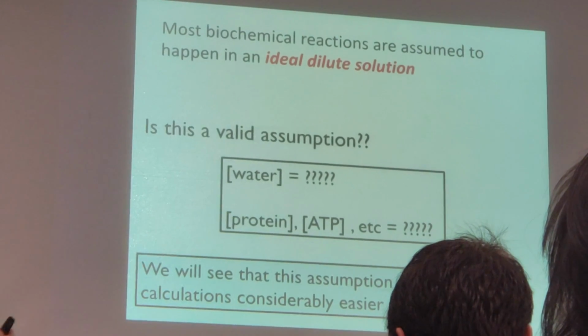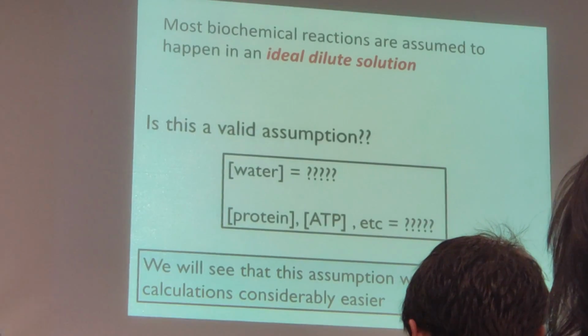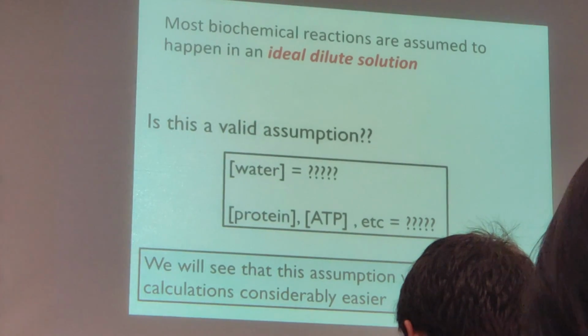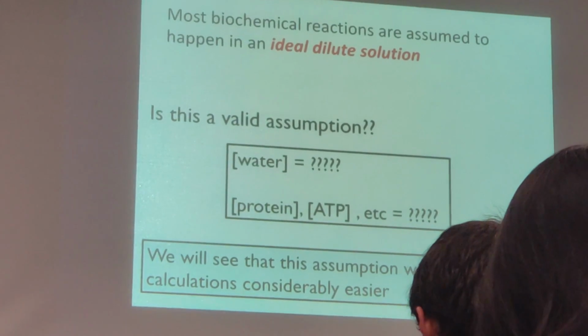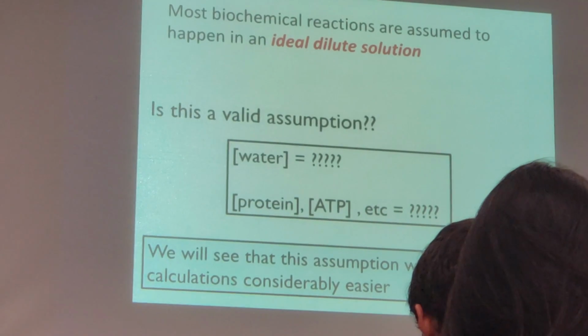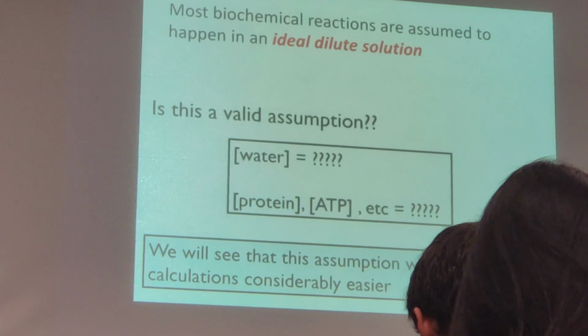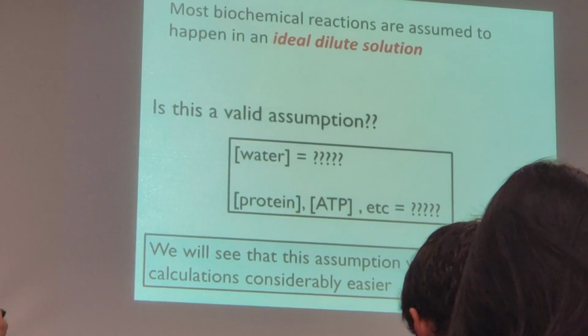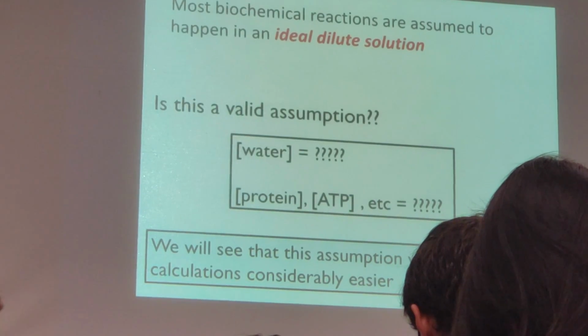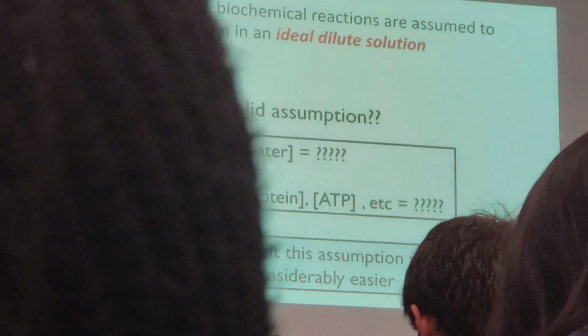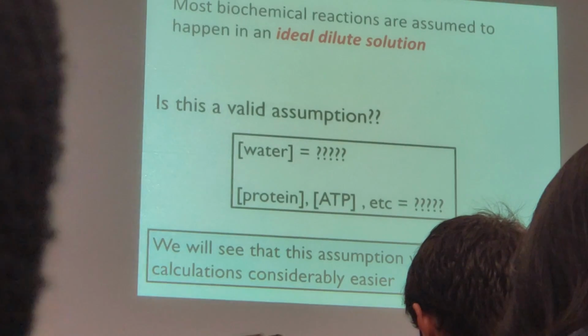We said last class to ignore water in a lot of cases. Typically, what we think of when setting up these equations is what we call an ideal dilute solution. Is this a valid assumption? I'm going to say that the assumption is pretty good.